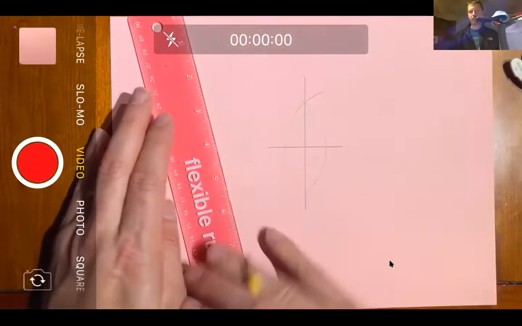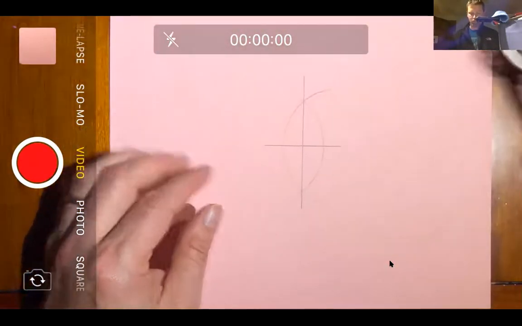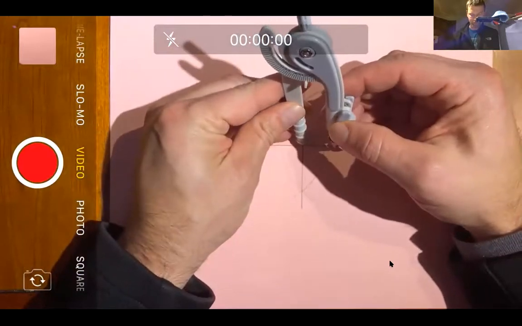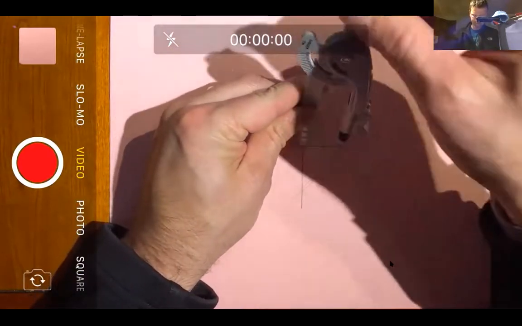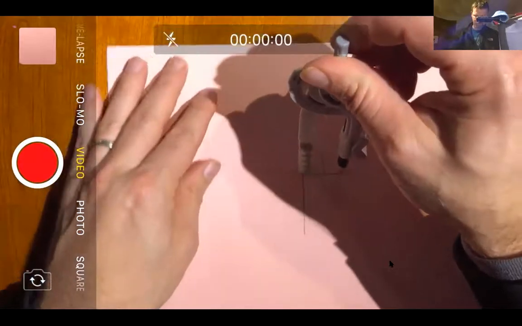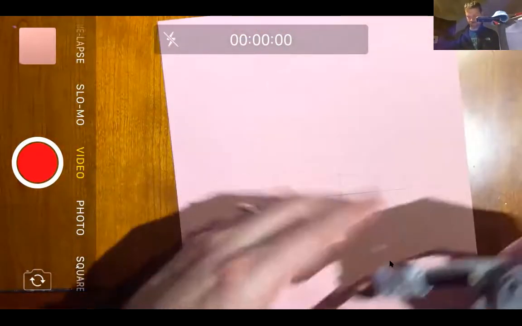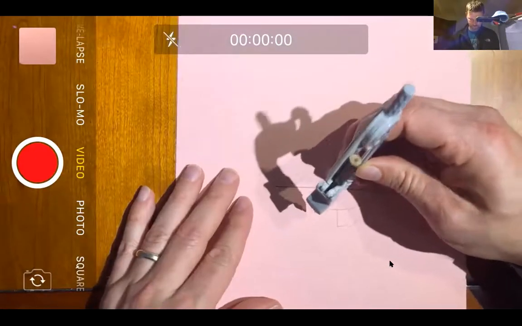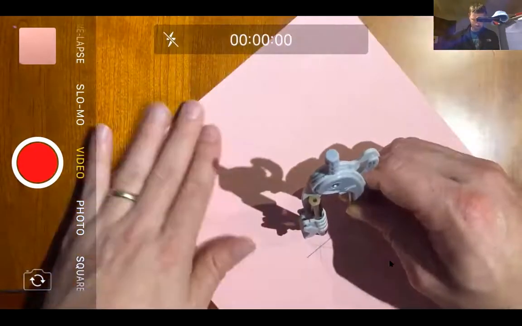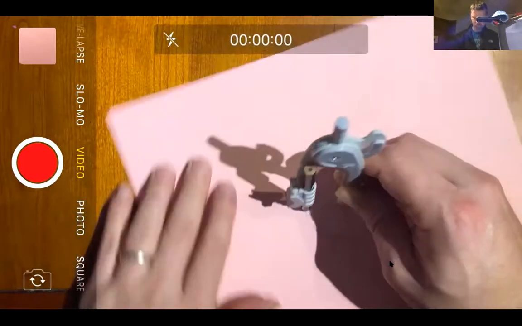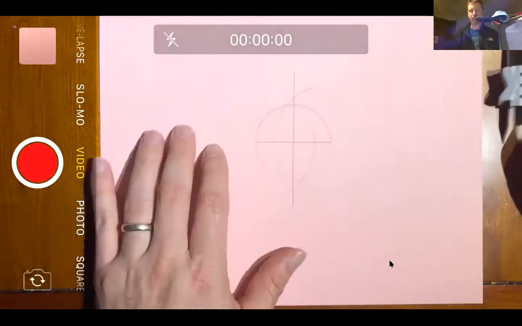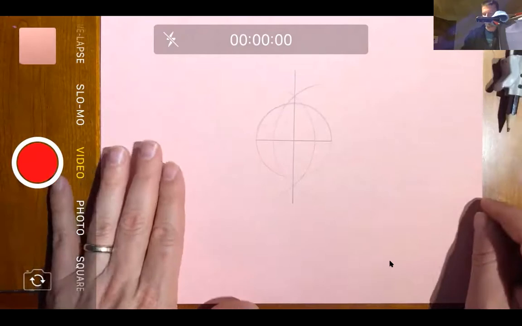All right, so there's a 90-degree angle. And what I'm going to do with that 90-degree angle is create a circle around it. All right, so there we've got a 90-degree angle with a circle.